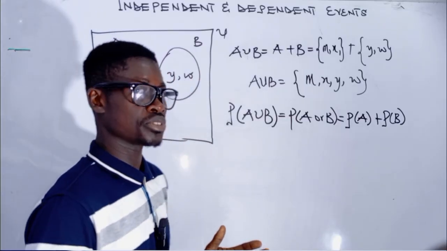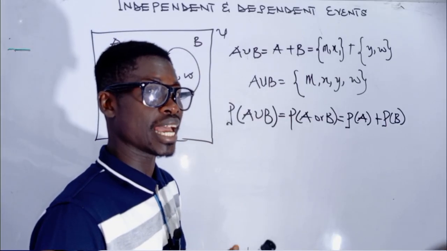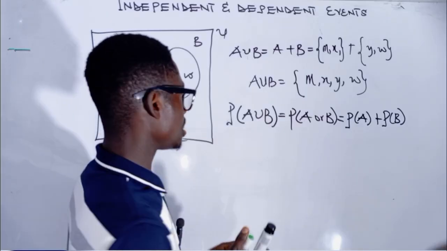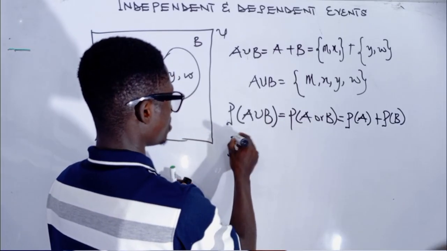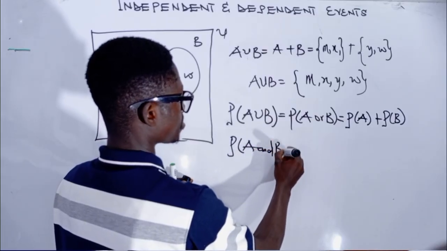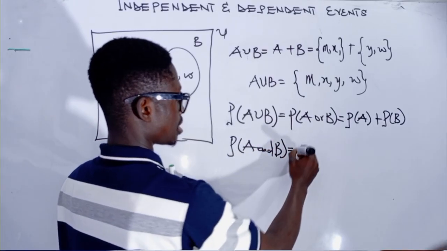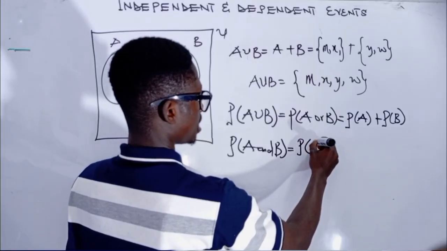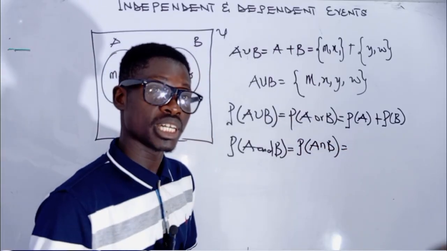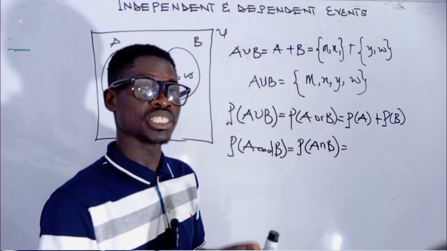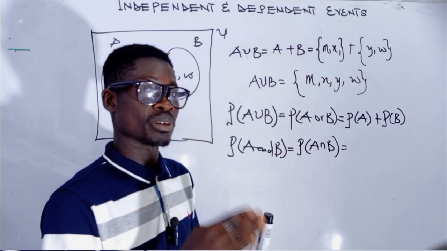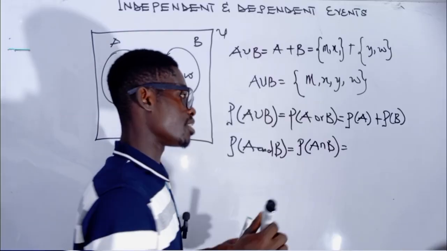Now, what if they ask you to find the probability of A and B if the two events are independent events? So we have probability of A and B, which is the same as probability of A intersection B. All we have to do is to find the product of the probabilities of the individual events together.